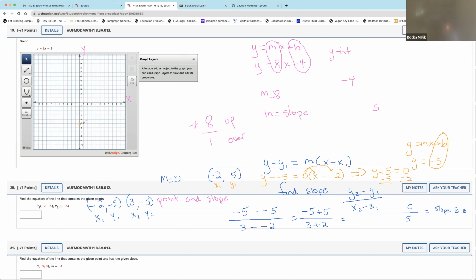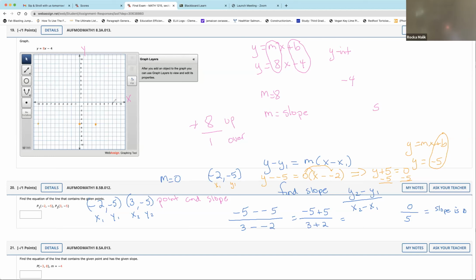So I can just go over here, go over here, go over here. If x is 4, y is going to be -5. If x is -10, y is going to be -5.